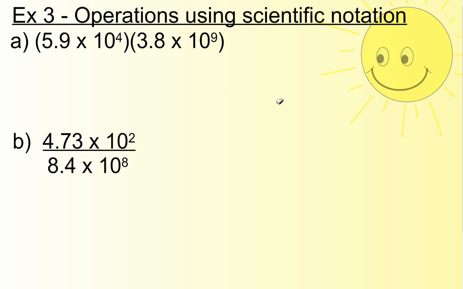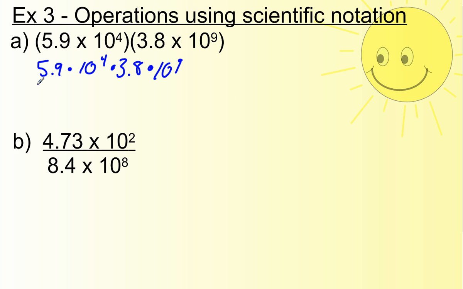But we can still do this just using a little trick, a method. So here's what we're going to do. If I take my parentheses out, this says 5.9 times 10 to the 4th times 3.8 times 10 to the 9th, and I'm going to rearrange it.